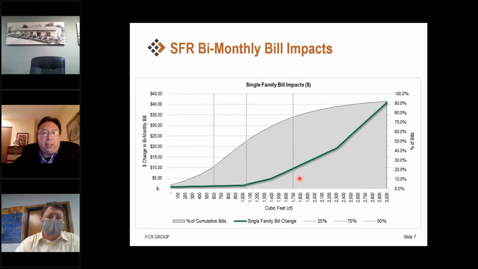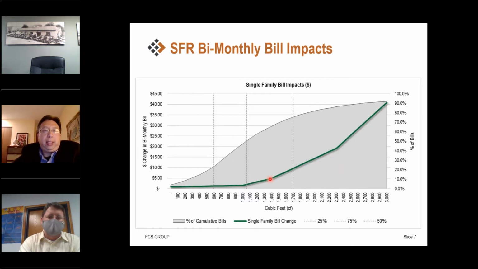And how we set those breakpoints is we take a look at the detailed customer statistics for your water customers. Based upon those statistics, we break it based upon everything at 1,000, for example. This would represent what we call the winter average. So it represents your indoor usage, the water that someone might use for doing dishes, flushing toilets, taking baths, etc. And then the second tier represents what we call your annual average.